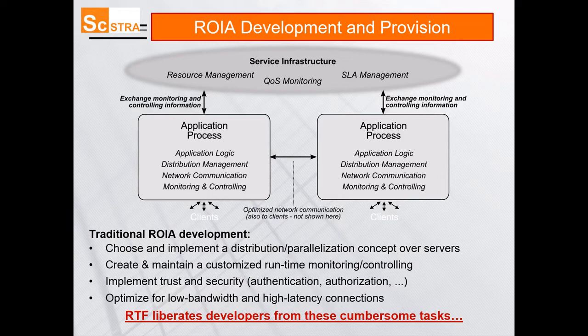The main problem with this development currently is that all these 4 points, application logic, distribution management, network communication, monitoring and controlling, are done from scratch for each new application.